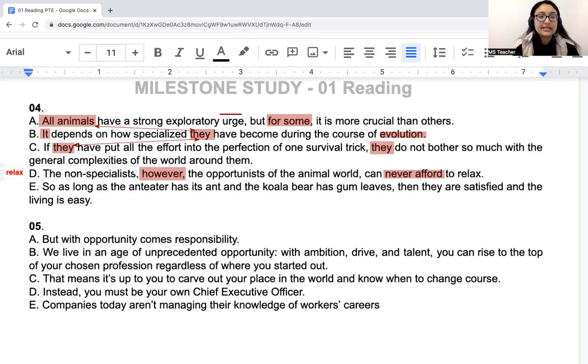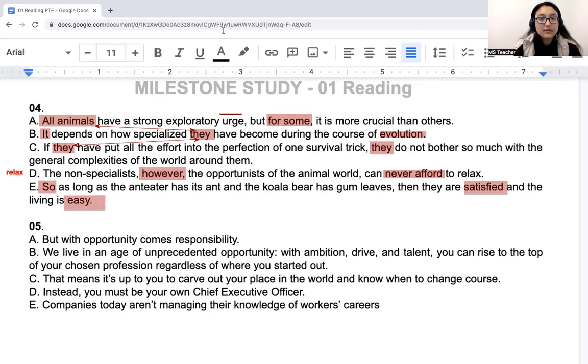Okay. So, as long as, so is a conjunction, it means that's why. As long as the anteater has its ant and the koala bear has gum leaves, then they are satisfied and the living is easy.